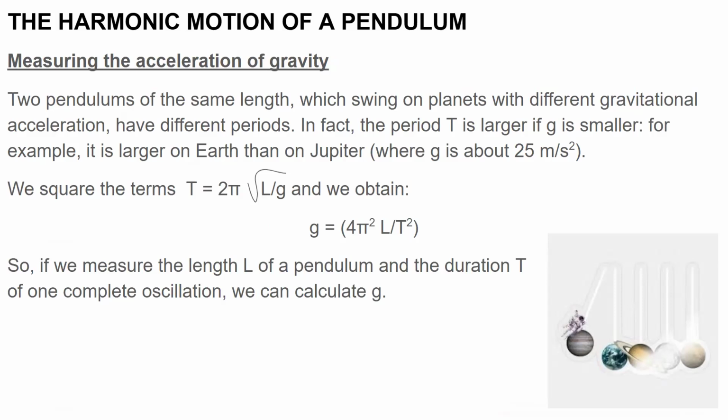So, if we measure the length L of a pendulum and the duration T of one complete oscillation, we can calculate g. This is another method to calculate the gravity acceleration on every planet when we know the length of a pendulum and the duration T of one complete oscillation, possibly in absence of friction or in a context in which the friction is neglected.